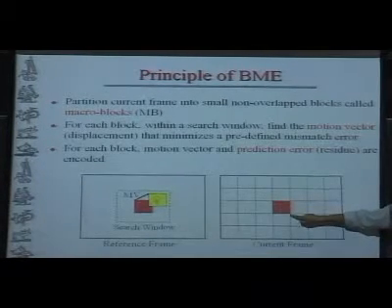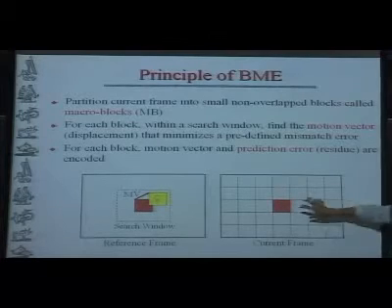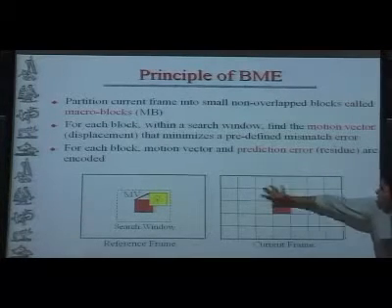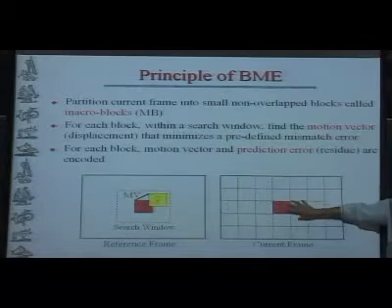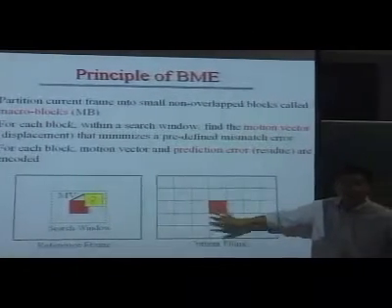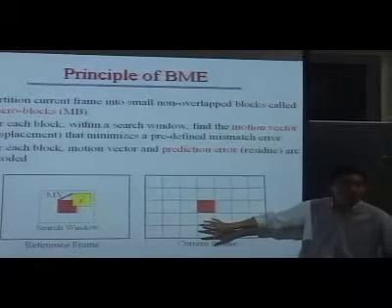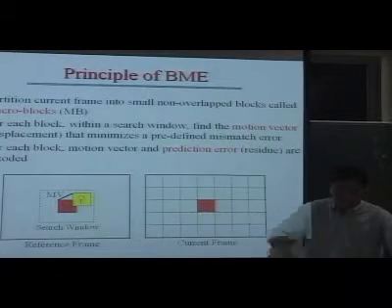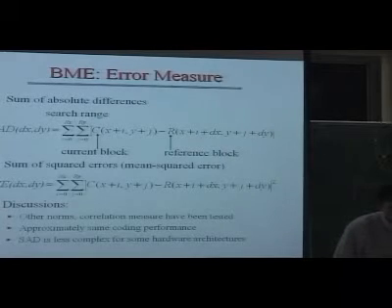Then you slide this box all around, and the one that gives you the lowest SAD wins. That's it. Is that clear enough?